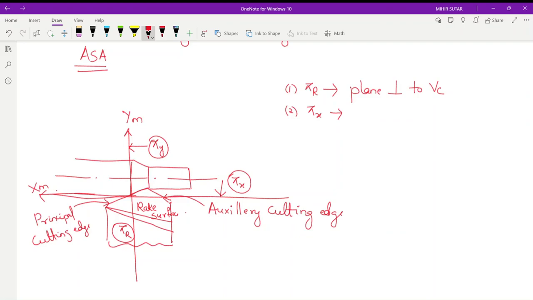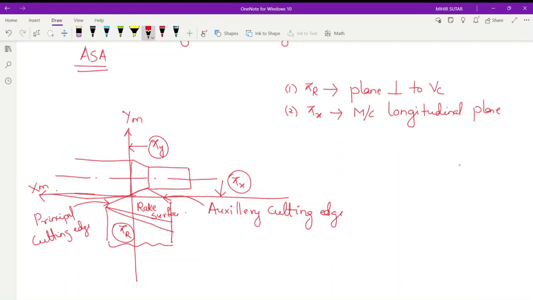And pi x is known as your machine longitudinal plane, along the length. You can see that it is along the length of the workpiece, so it is the machine longitudinal plane pi x.